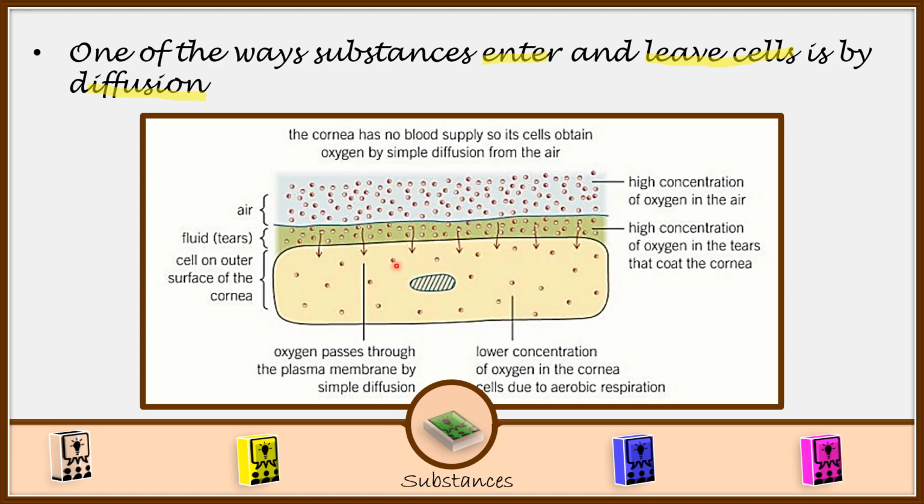When you look at the oxygen molecules inside here, you will see that the lower concentration of oxygen in the cornea cell is due to aerobic respiration. Inside the cornea cell, respiration is taking place, which is causing a reduction in oxygen molecules.